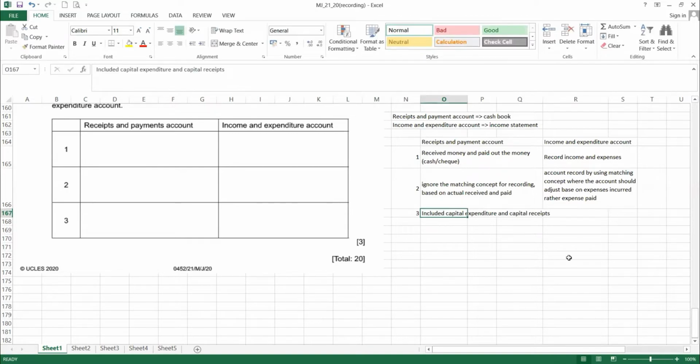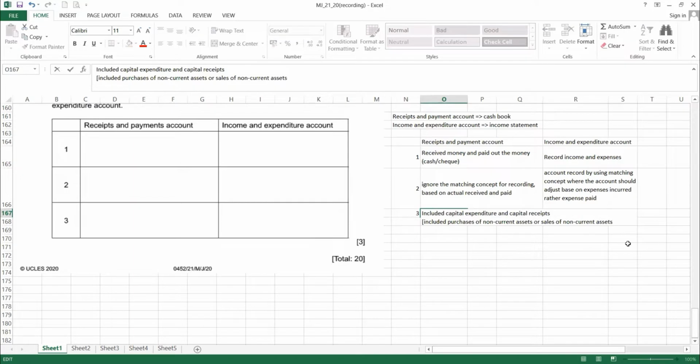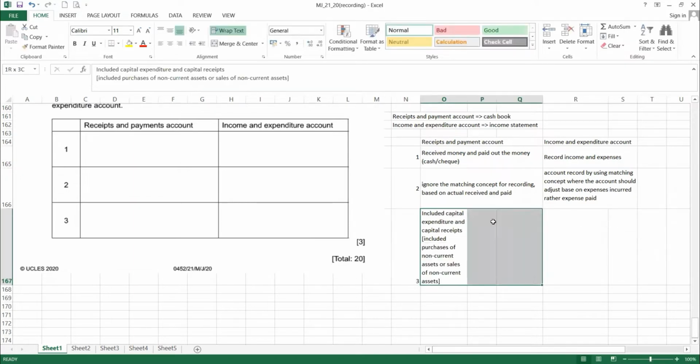This means I put in here second: included the purchase of non-current asset or sales of non-current asset. So that is one of the points you can talk about.